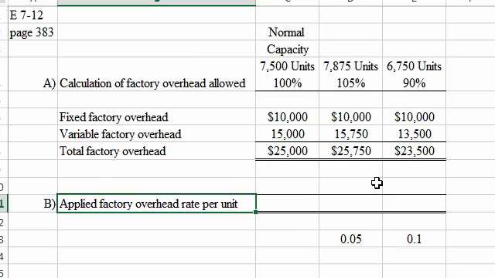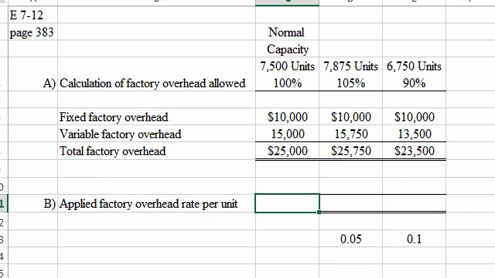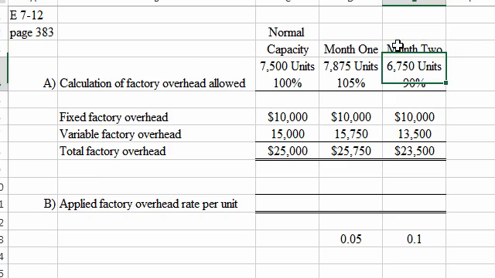All right, now, our applied factory overhead per unit on these different months. Let's make this one month 1. And this one month 2. Kind of changing the template a little as we go. Okay.